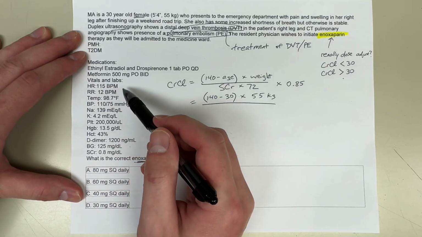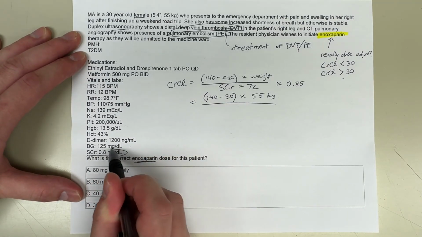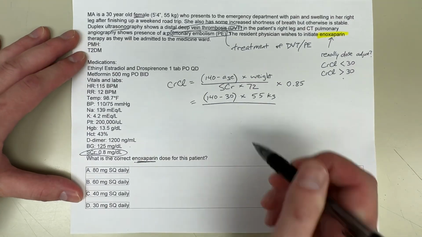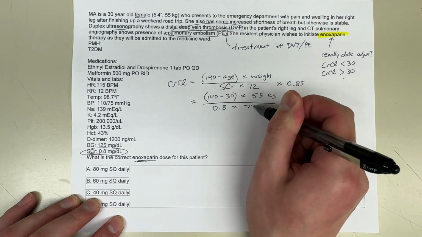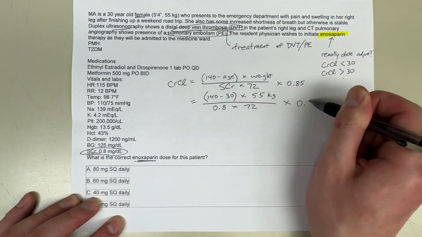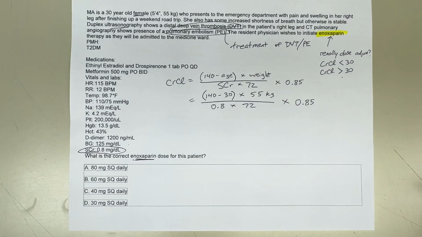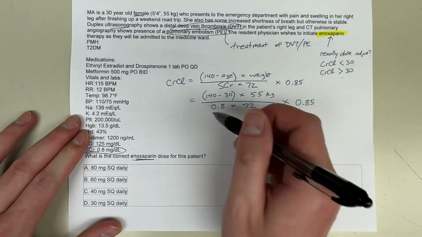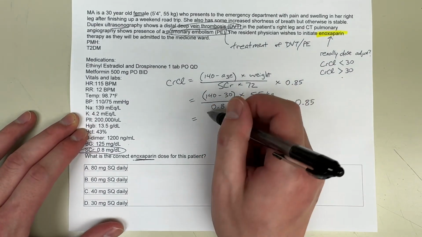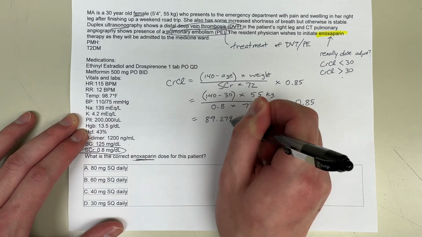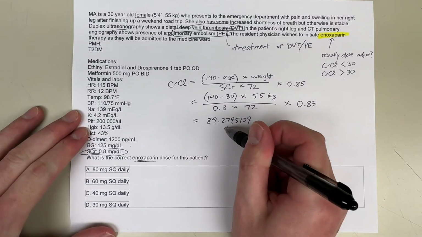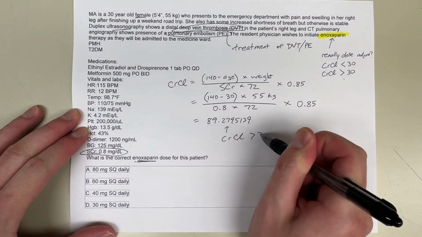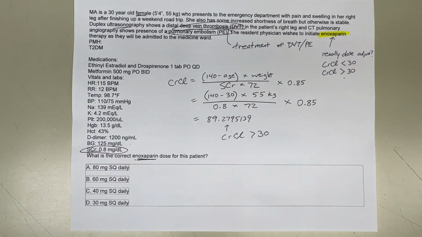In the labs, they say serum creatinine is 0.8. So that's what I'm going to enter for the serum creatinine, times 72. And always remember, the patient's female, so times 0.85. When you solve for that, you should get 89.2795139. The only thing important is that this is greater than 30.